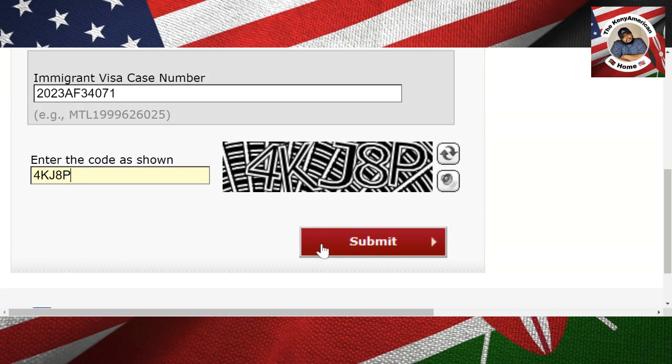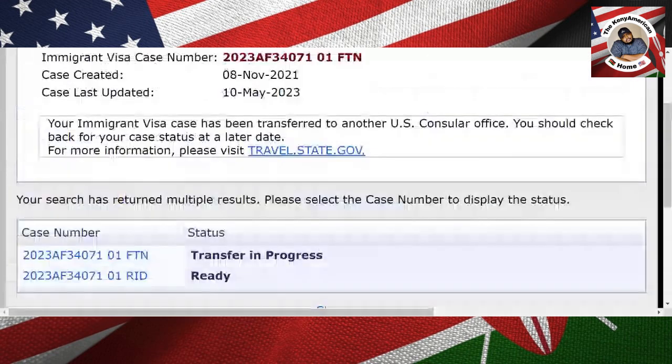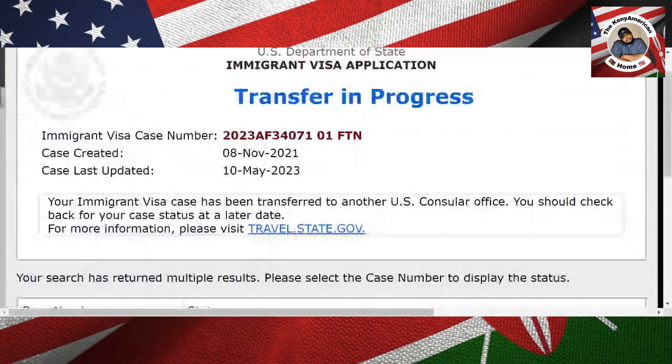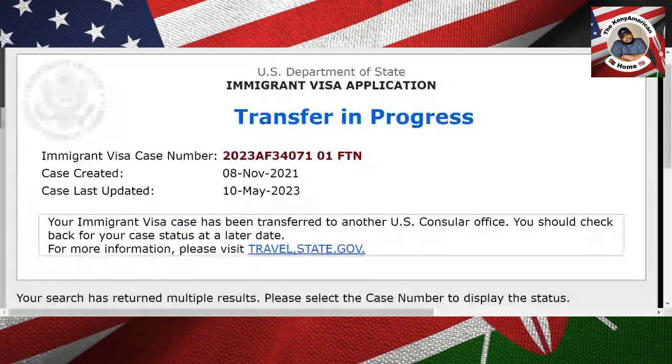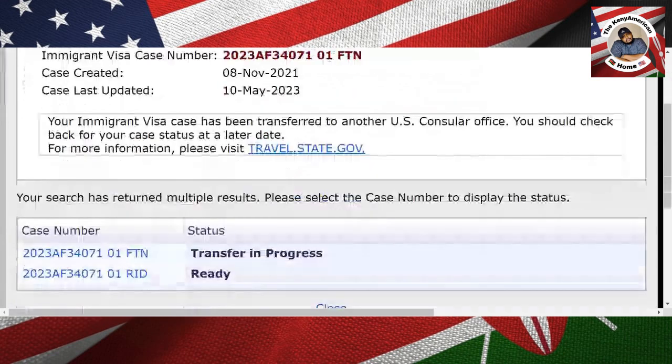And then the case number is 3471. And if we move up, we can see that this is an African case, 34,071, and this person is FTN. That's Freetown, Sierra Leone. It was created on the 8th of November.